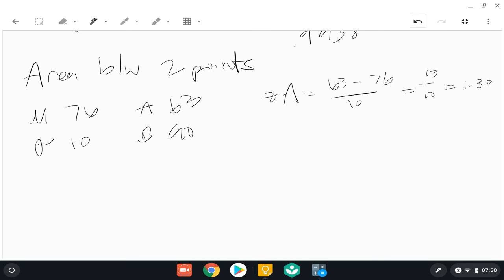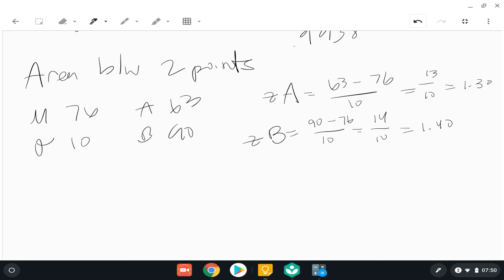Z for B equals 90 minus 76 over 10, equals 14 over 10, equals 1.40.